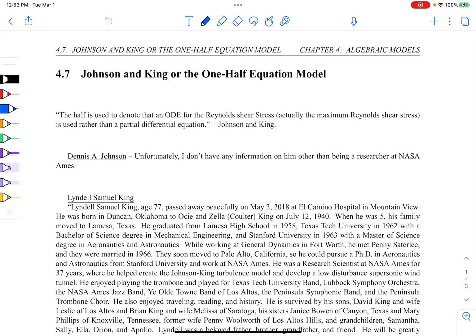And to overcome that, people started thinking, well, I need to use models with additional differential equations, preferably partial differential equations, like in the one equation, two equation, and higher order or higher number of equation models.